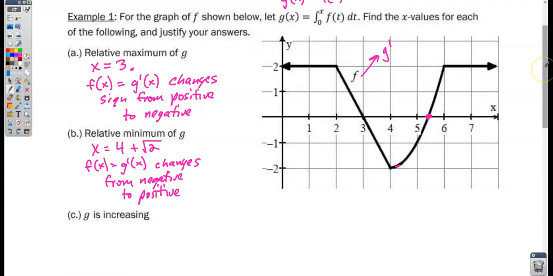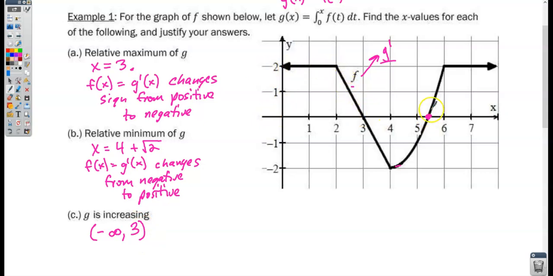Part C, we're looking for when g is increasing. In order for g to be increasing, that means g prime needs to be positive. And since this is a graph of f, which is the same as g prime, we're looking for where this graph is positive. It's positive from negative infinity to 3. You see this entire graph over here is above the horizontal axis.